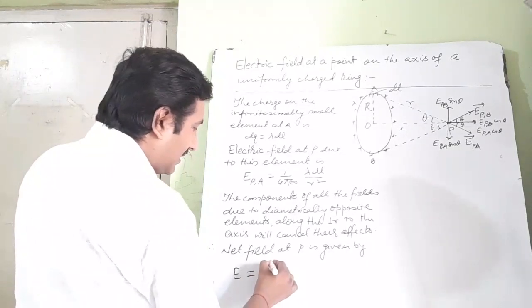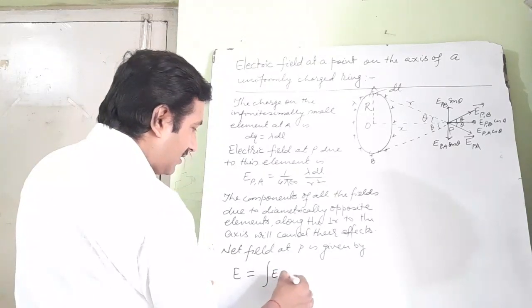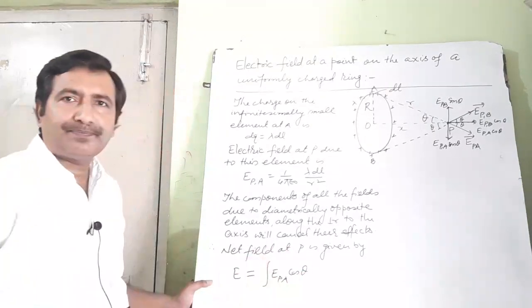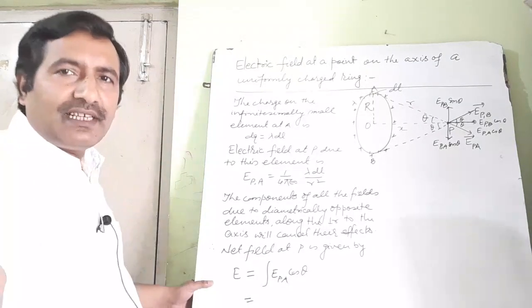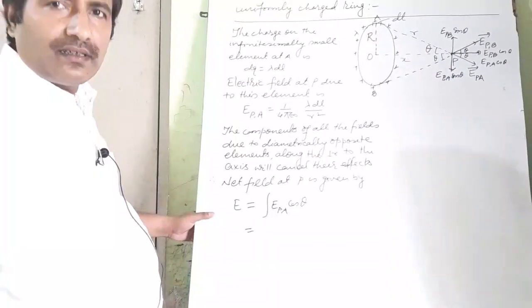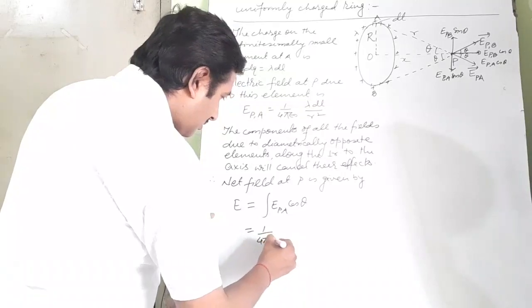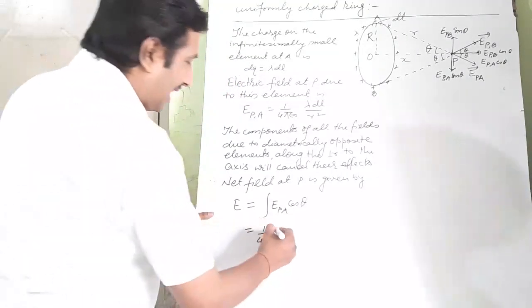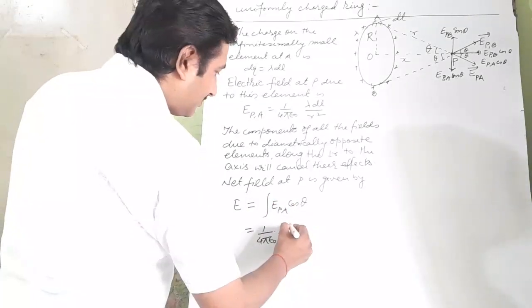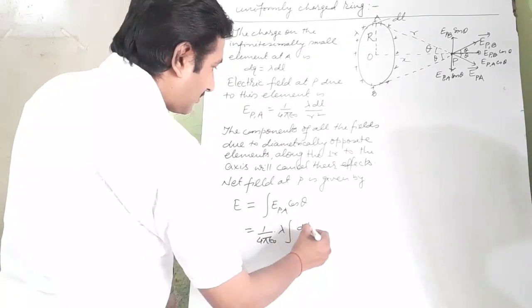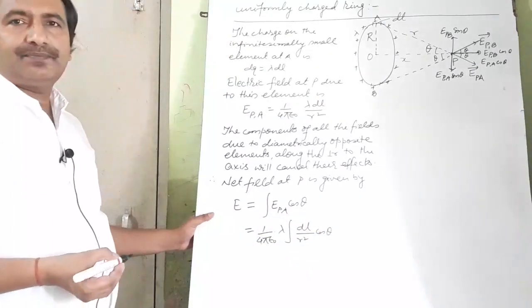the integration of EPA cos theta, and EPA is 1 by 4 pi epsilon naught lambda dl by r square, times cos theta.